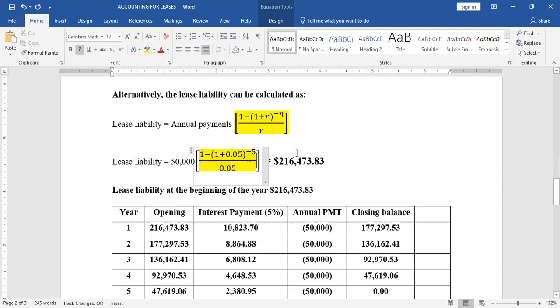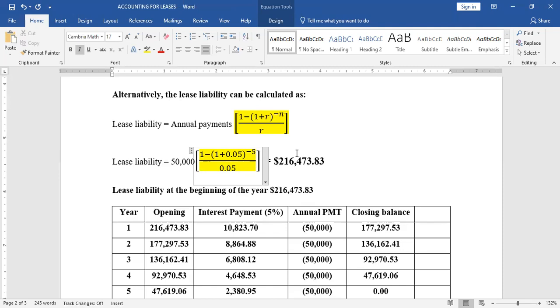When you combine everything at the same time, the division will come first before subtraction. So we begin with the top part, 1 minus open brackets 1 plus 0.05, close brackets, raised to the power negative, how many years are involved? Raised to the power negative 5.